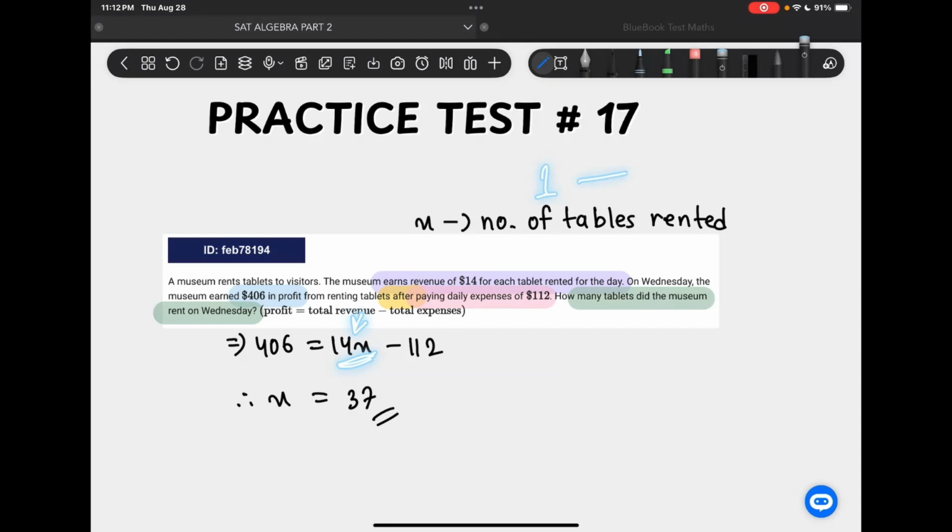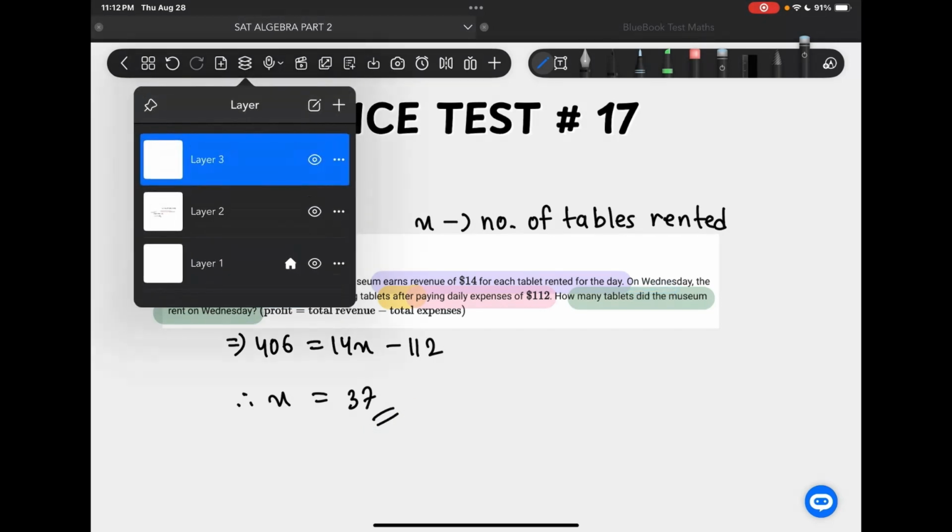Because for one table, they charge $14. In that case, for x tables, they're going to charge 14x. Now we're going to subtract the total expenses, which was this $112. Then we solve it and get x equals 37, which means they rented 37 tables on Wednesday. Okay. I hope I made that clear.